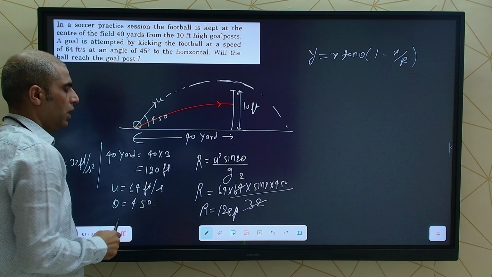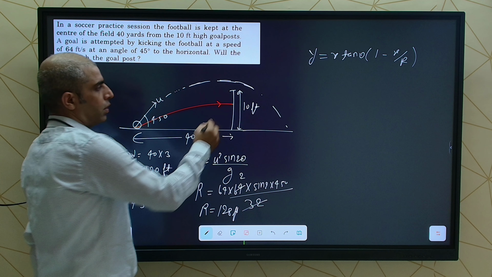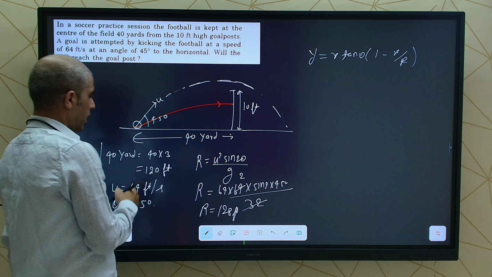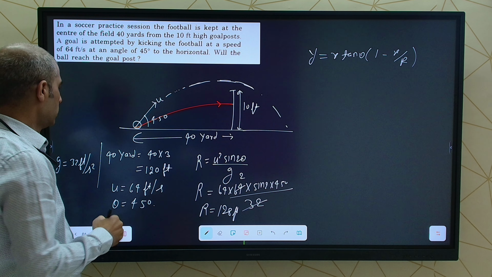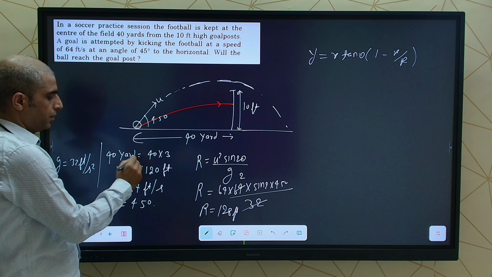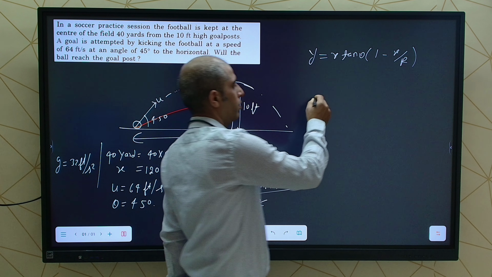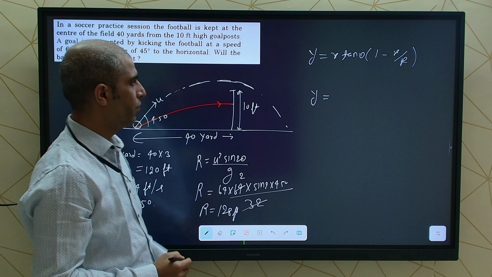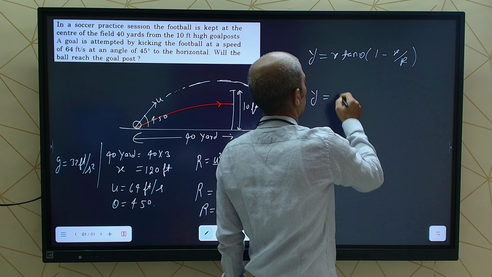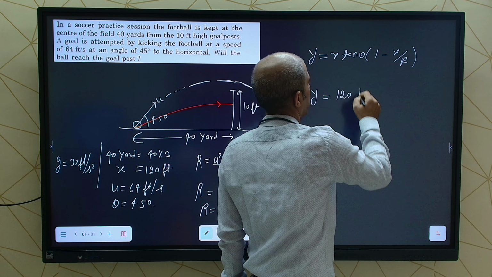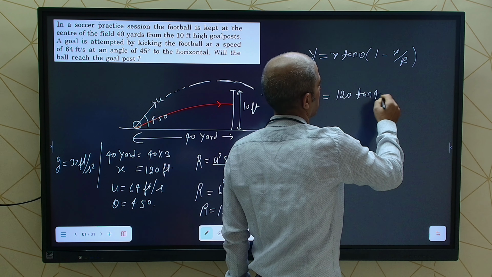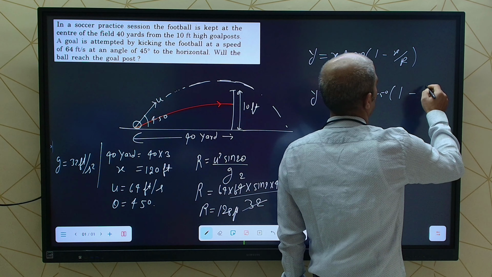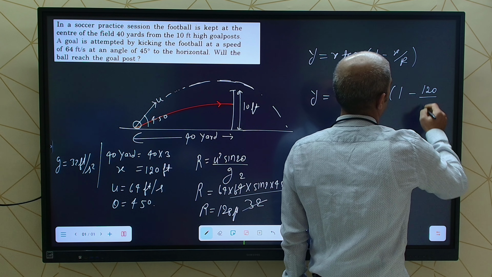So we have to see what the value of y is at x equal to 120 feet. This is the value of x. So let us try to find the value of y at x equal to 120 feet. The x is 120 and tan 45, times 1 minus x, which is again 120, upon the range, 128.